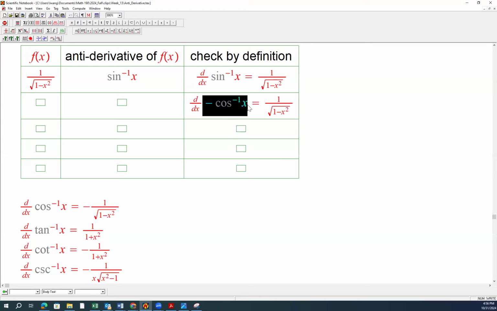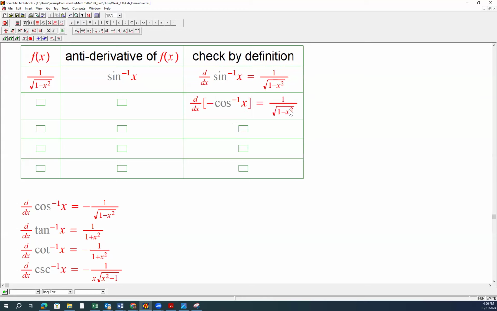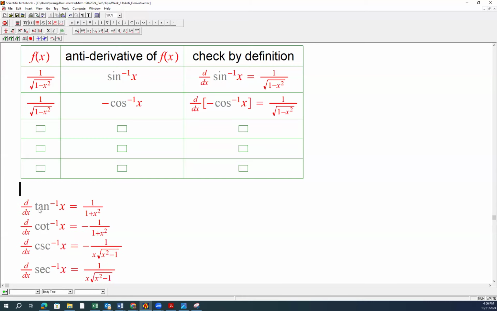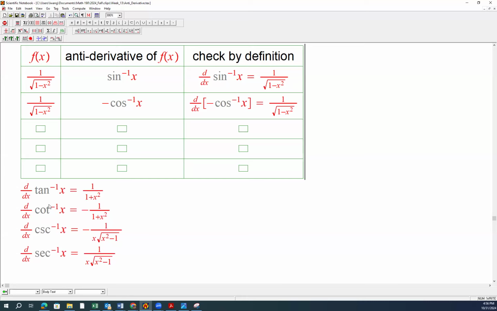So the antiderivative of 1 over root 1 minus x squared, we have another form there, right? And these are the same. So the same function on the left-hand side has two different antiderivatives. Okay, so it's up to you which one you use.